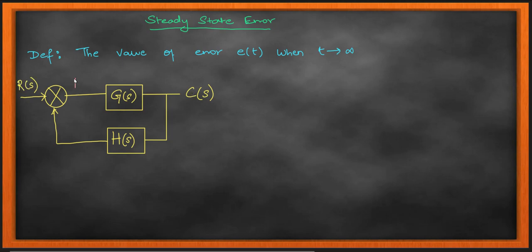And the term that is important for my steady state error is my E of S. So as you can see here, the E of S is going to be the difference between R of S and the feedback which is sent back from the output, and that is going to be equal to C of S into H of S. And now I can write my C of S. So what is my C of S?